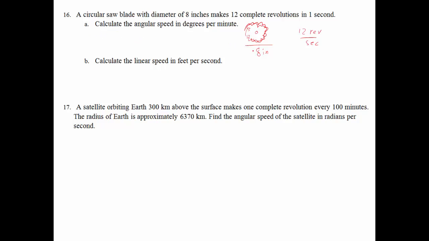So we don't need to know how big the blade is. We just need to take the 12 revolutions per second, and then we want to end up with degrees per minute. So I'm going to convert my seconds to minutes: 60 seconds over 1 minute. The seconds are on top to cancel that. And then I have to convert the revolutions to degrees.